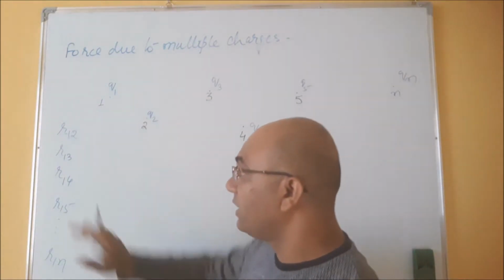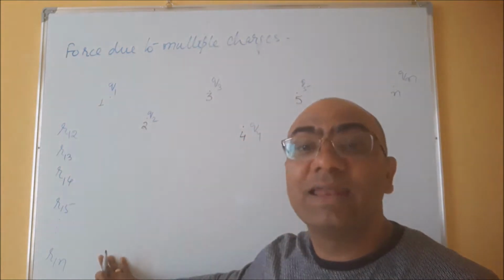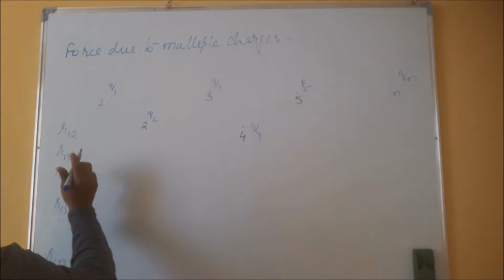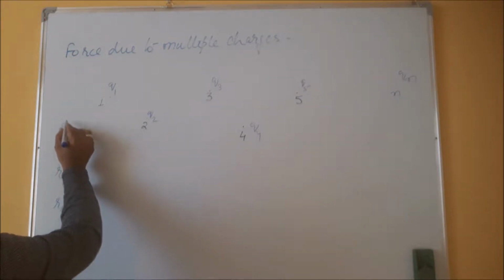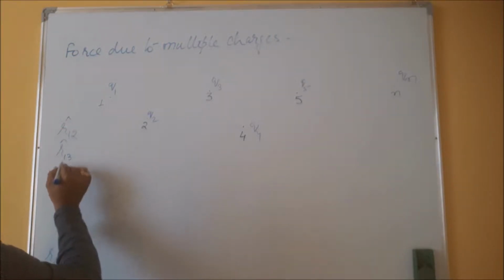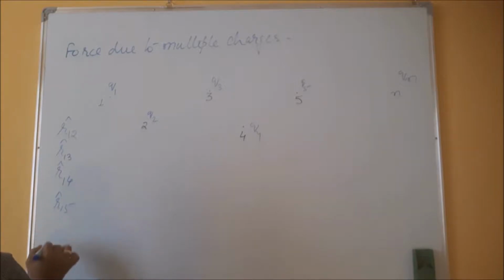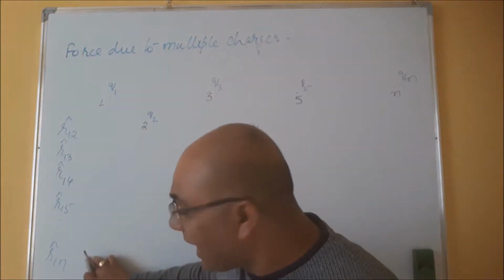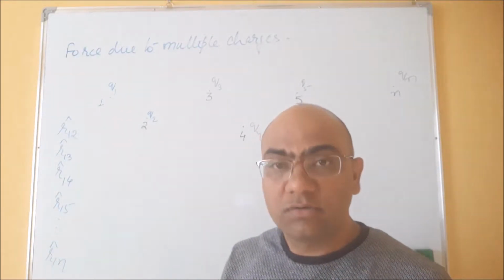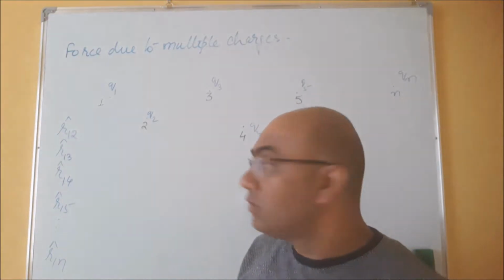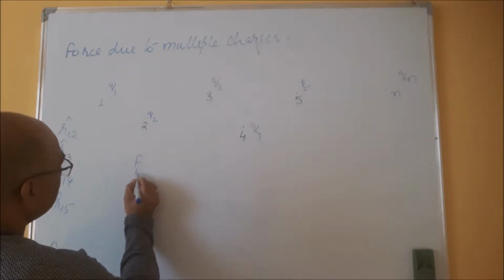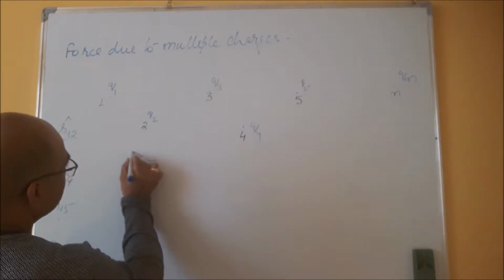Now again, I am saying that I want the direction. So how can I write direction? For direction, I will put a cap over there. This gives the direction for the force, right? Now the value: suppose the force on 1 due to 2.